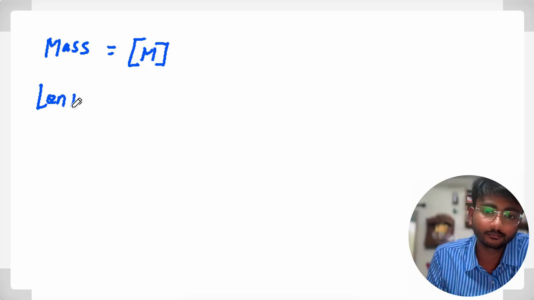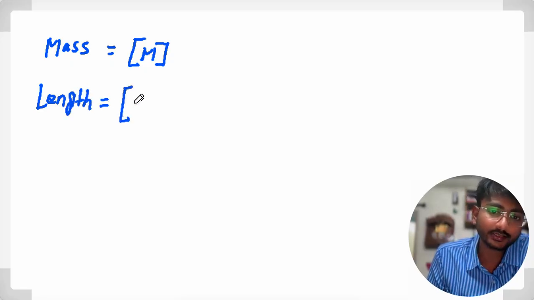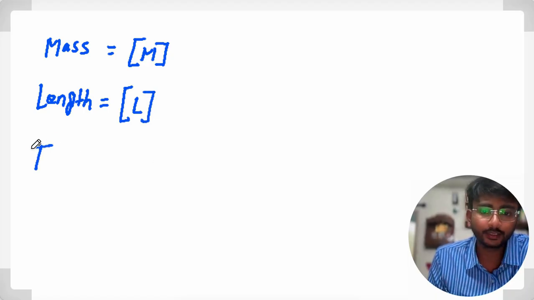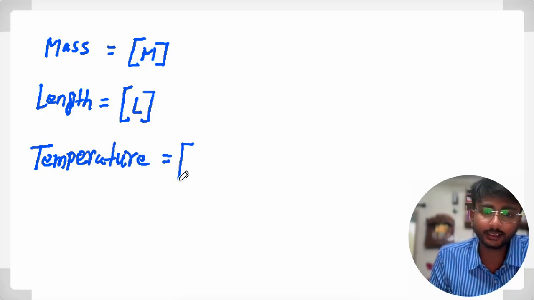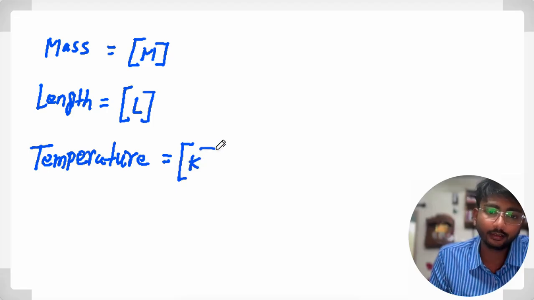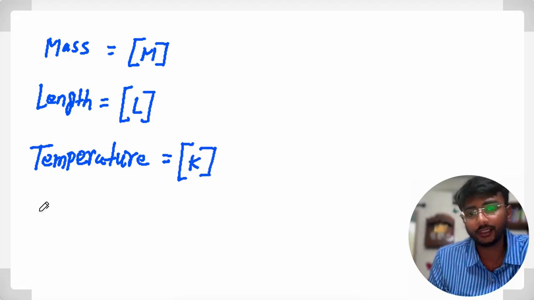Then we have length. Length can be represented as square bracket capital L. Then we have temperature. Temperature can be represented as square bracket capital K.